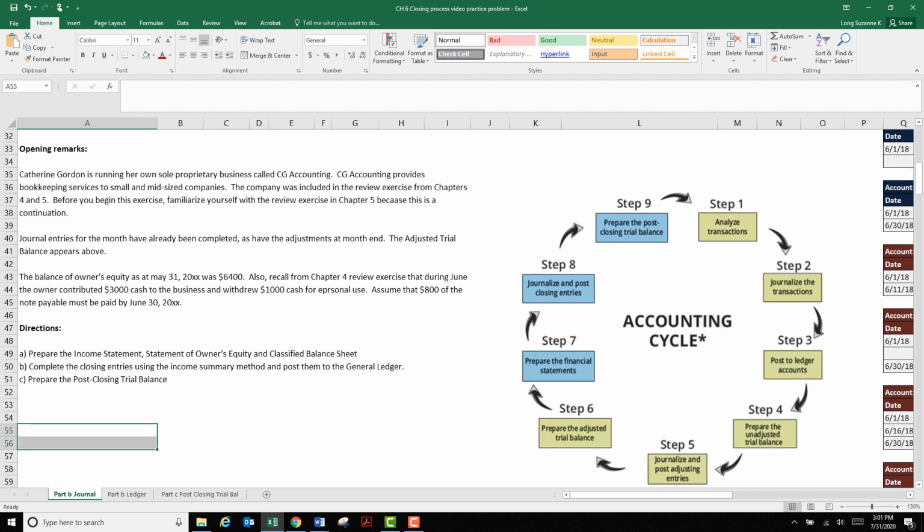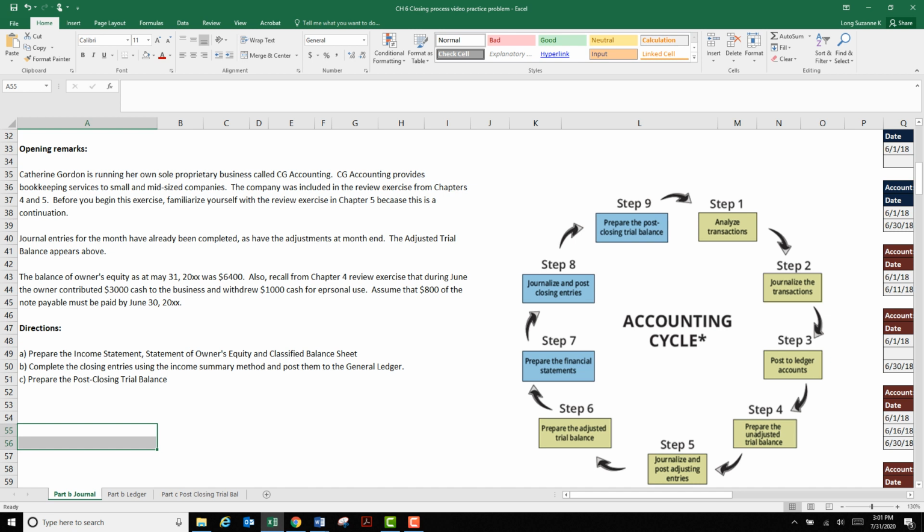So this was Catherine Gordon, CG Accounting and Bookkeeping Business. There's a little note here about how we've been working on this problem for a while. Notice this little blurb here with some reminders about owner's equity. Owner's equity was $6,400.